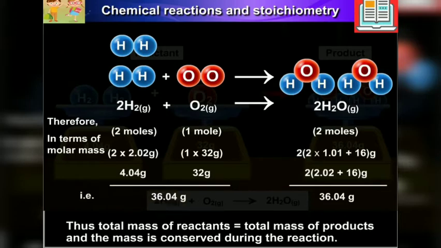Thus, the total mass of reactants is equal to the total mass of products, and the mass is conserved during the reaction.